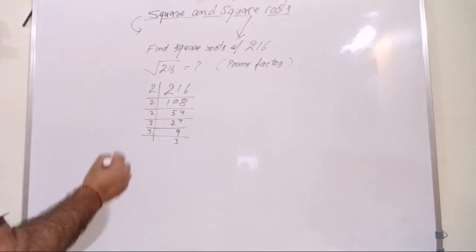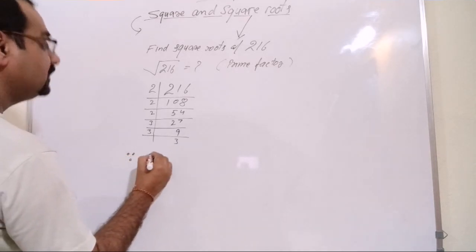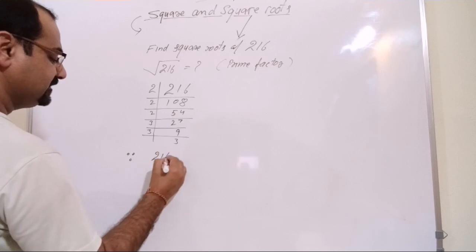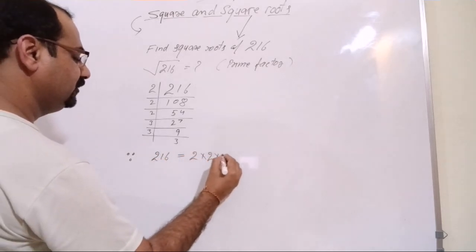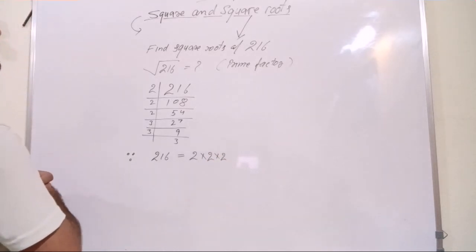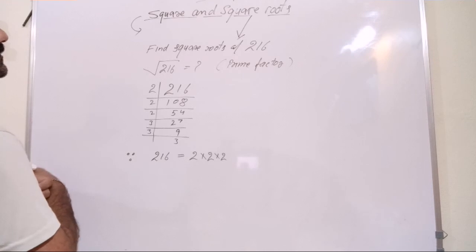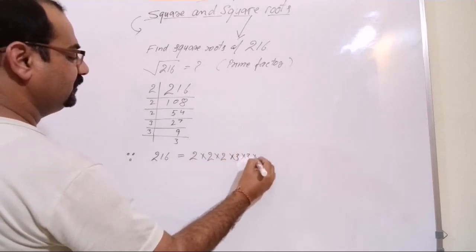These are the prime factors. So 216 is equal to 2 into 2 into 2 into 3 into 3 into 3.